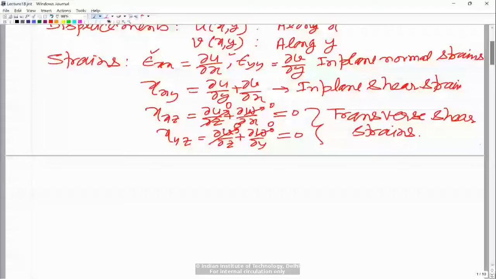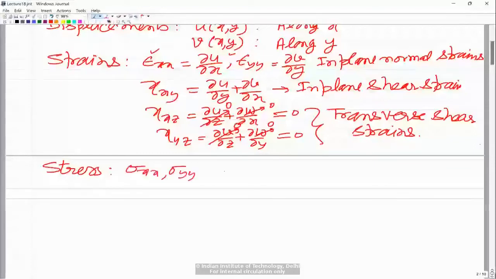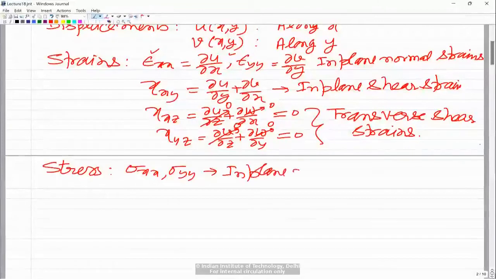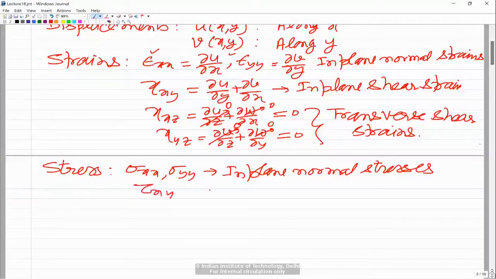Then next we look at the stresses. If you look at the stresses, there are going to be normal stresses along the x and y directions, say sigma xx and sigma yy. These are referred to as in-plane normal stresses, and you will also have tau xy, that is the in-plane shear stress.